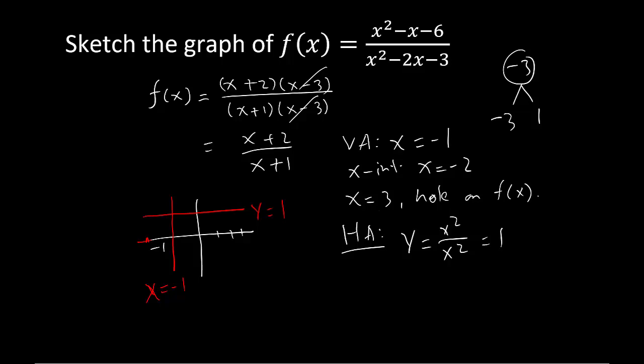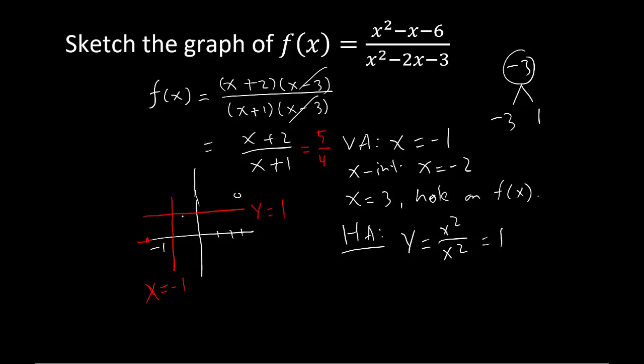We know that at x equals 3 we have a hole, but what happens when I want to go close to that hole? So let me put x equals 3 in here. When you replace x equals 3, that gives you 3 plus 2 is 5, 3 plus 1 is 4. So you can see that is 5 over 4. That means I have a point here which is more than 1. So I have horizontal asymptote y equals 1. So it looks like this.